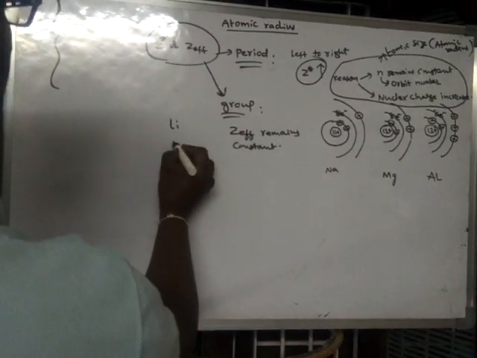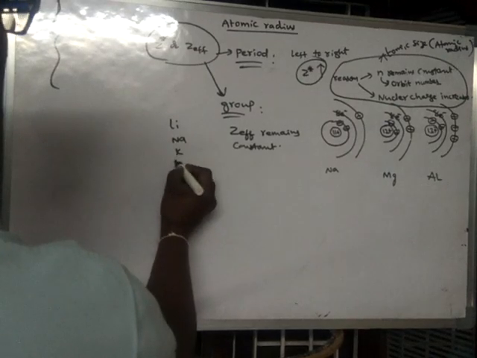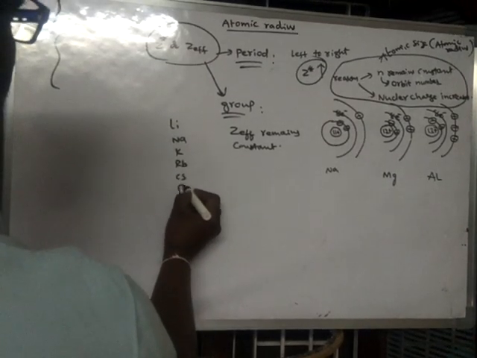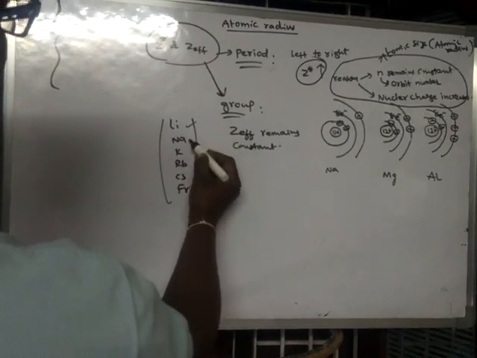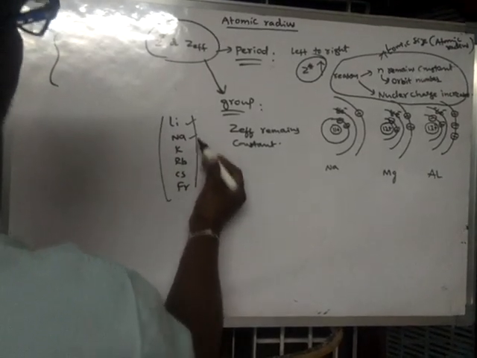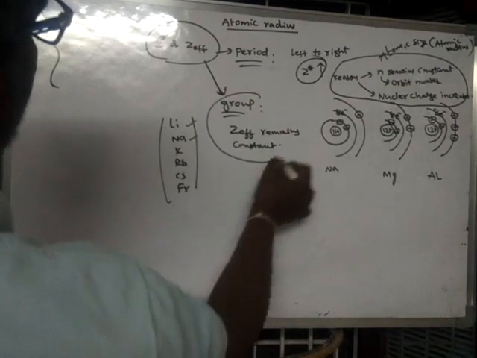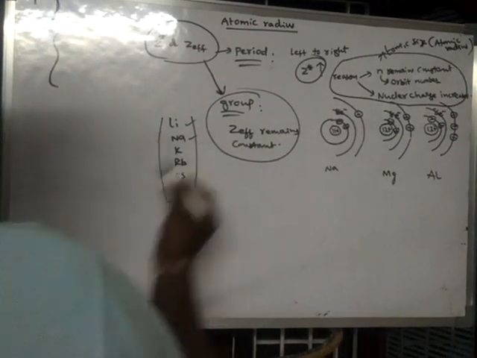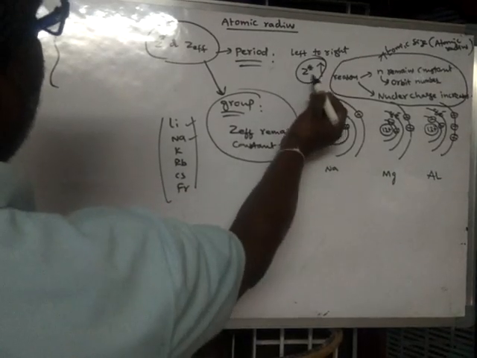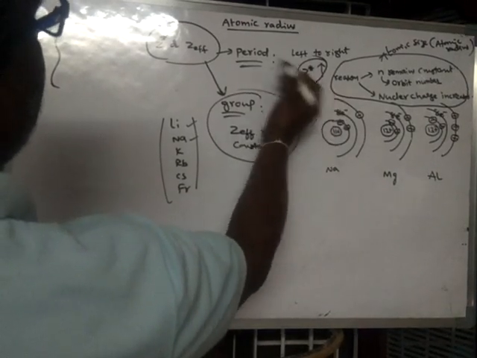So lithium, sodium, potassium, rubidium, cesium, francium: as we move from lithium to sodium, sodium to potassium and so on, down the group the effective nuclear charge remains constant, but it increases along the period.